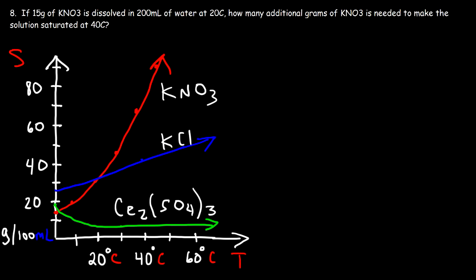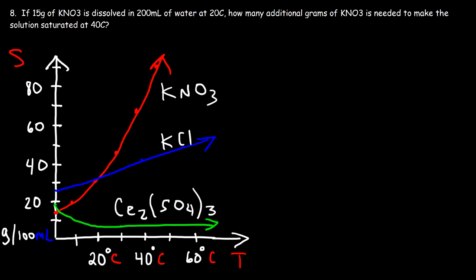Number 8. If 15 grams of KNO3 is dissolved in 200 milliliters of water at 20 degrees Celsius, how many additional grams of potassium nitrate is needed to make the solution saturated at 40 degrees Celsius? So, what do we need to do in this problem?